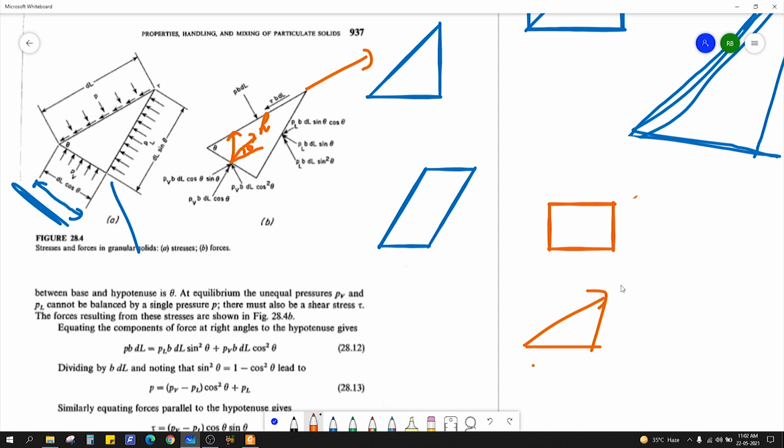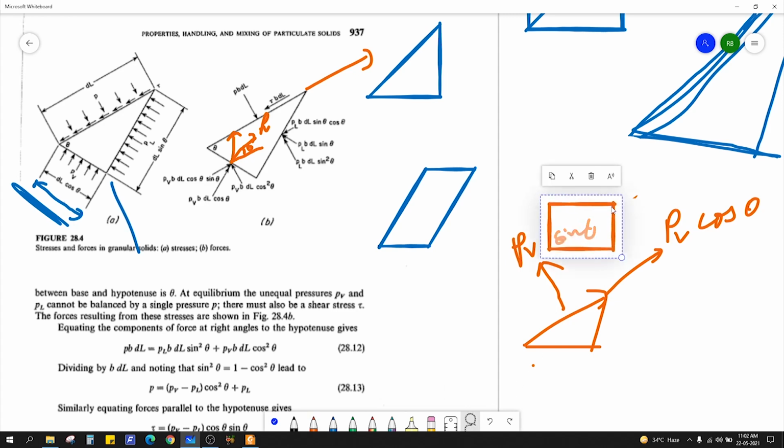So in this direction, which is parallel to the hypotenuse, if you resolve PV, then in this direction, what is this? PV cos theta, right? And at 90 degrees to the hypotenuse, what will it be? PV sin theta, right? And if this is the pressure, what is the force?